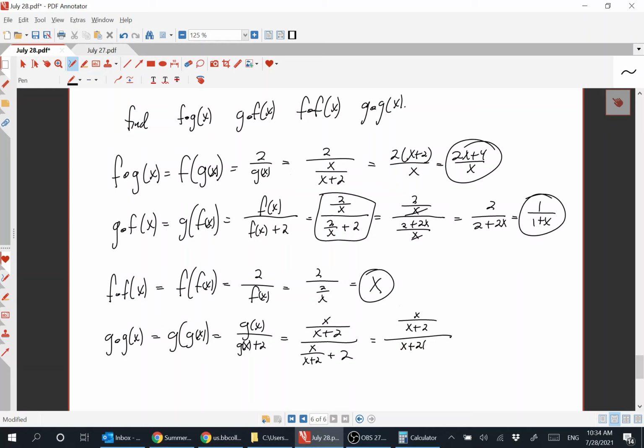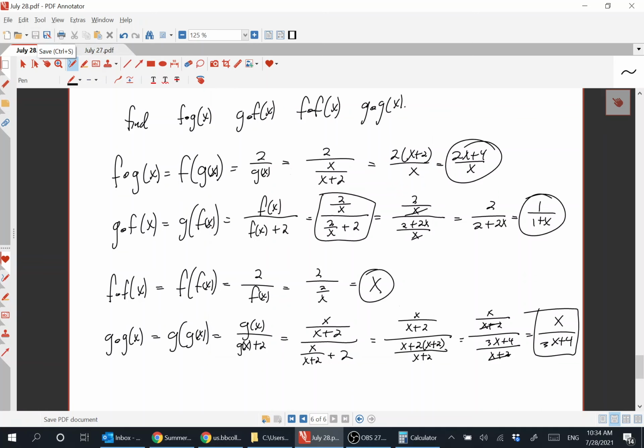So x plus 2 times x plus 2 over x plus 2 is equal to 2x plus 4, so this is 3x plus 4. So as a simplified expression, that's what you get here.